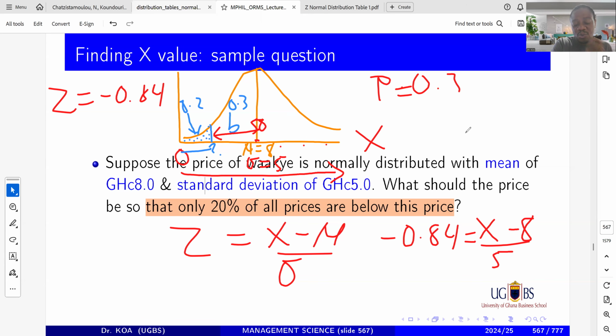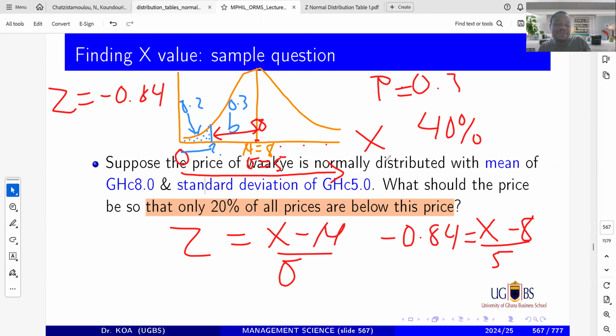So instead of 20%, it says 40% of all prices. If 40% of all prices are below this price, and you were going to read the probability from the table, which will help you to find the z, what probability would you search for? 10%. Excellent. Very good.